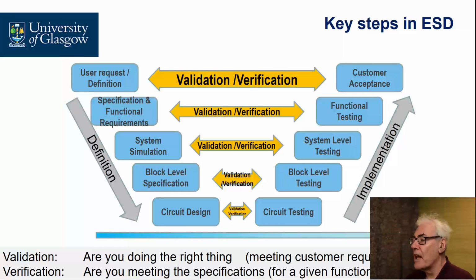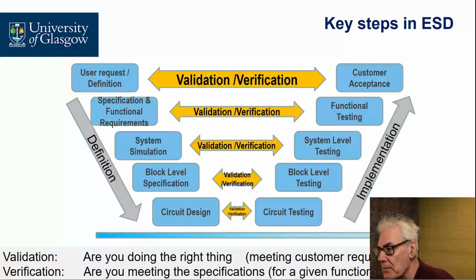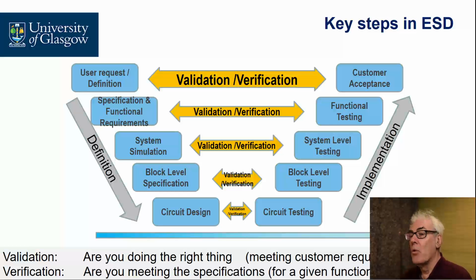So they're subtly different, and I'll say that again. Validation is, are you doing the right thing? Are you amplifying it by a factor of 10? Are you putting in a DSP algorithm to search for a particular solution? Verification is testing what you've come up with.